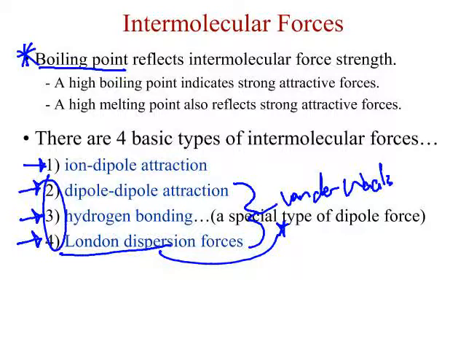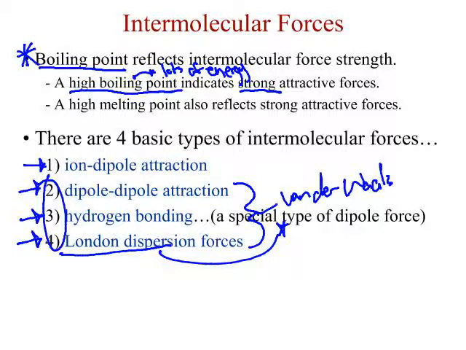The higher the boiling point, the stronger the intermolecular force of attraction will be for that substance, because a high boiling point means that it takes lots of energy to break or overcome the intermolecular force of attraction within that substance. Same thing with a high melting point.